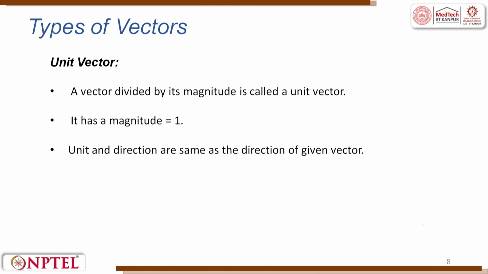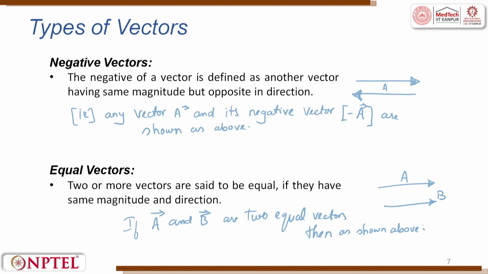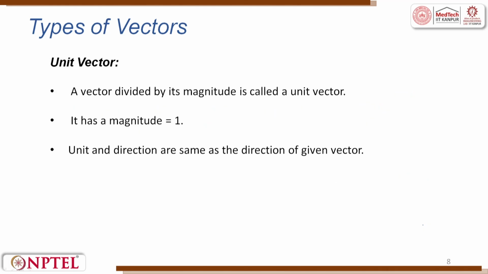There is also something called unit vectors. So, negative vector, equal vector and unit vector. A unit vector means a vector divided by its magnitude, and its magnitude has to be equal to 1.